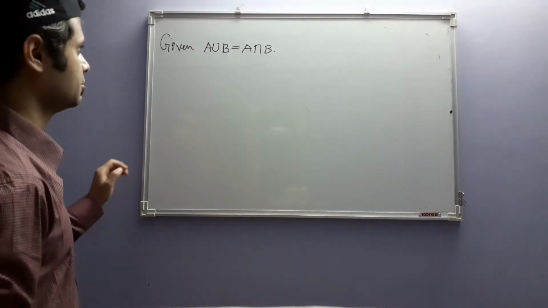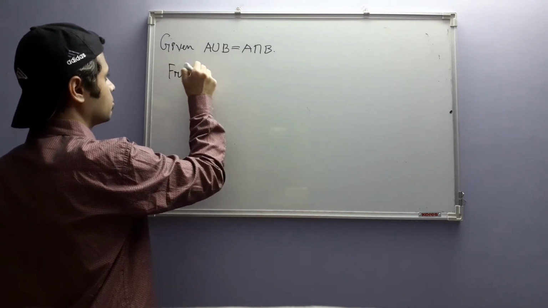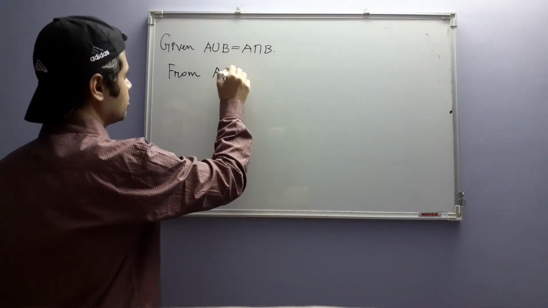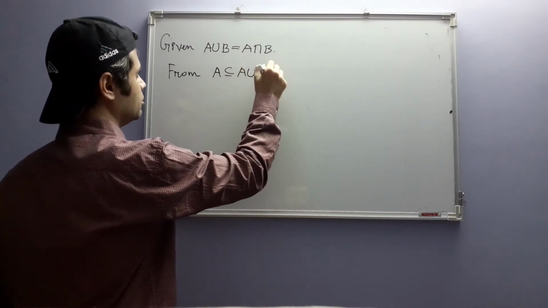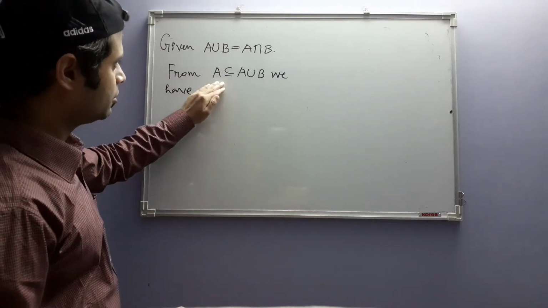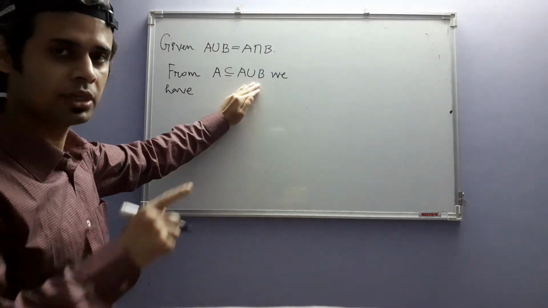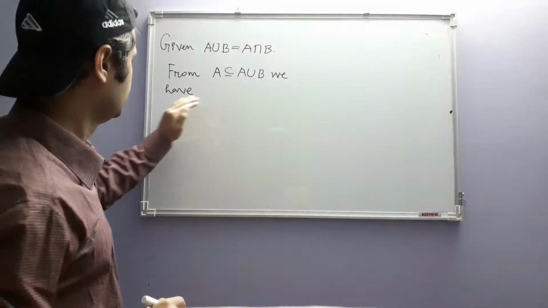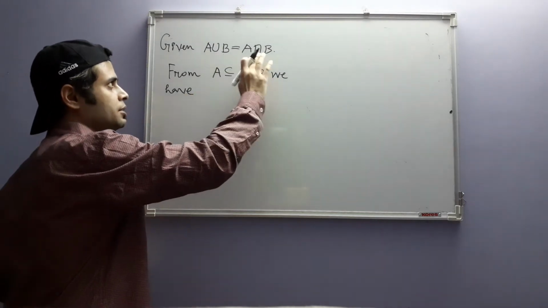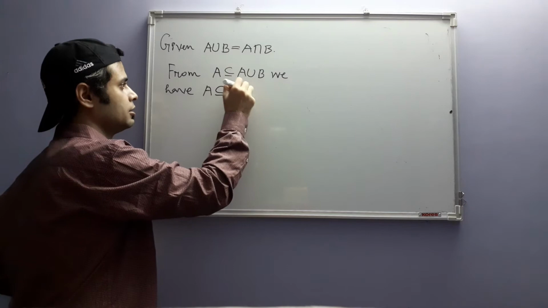Let me see if that is possible. From A is contained in A union B, you recall that this is one of the properties of unions that we proved when we introduced the operation union. So because this is a subset of A union B, and A union B is given to be equal to A intersection B, we have A is a subset of A intersection B.